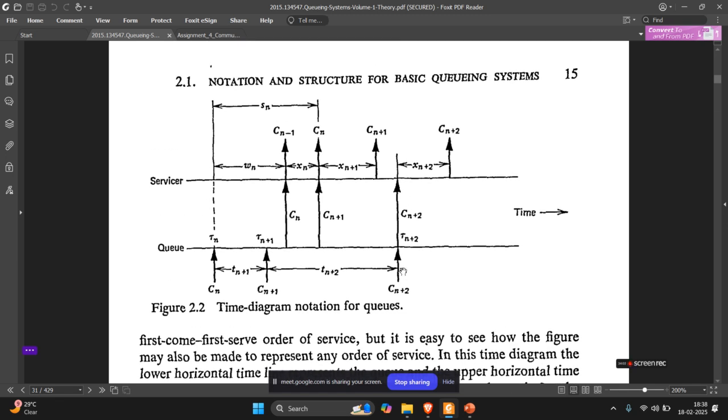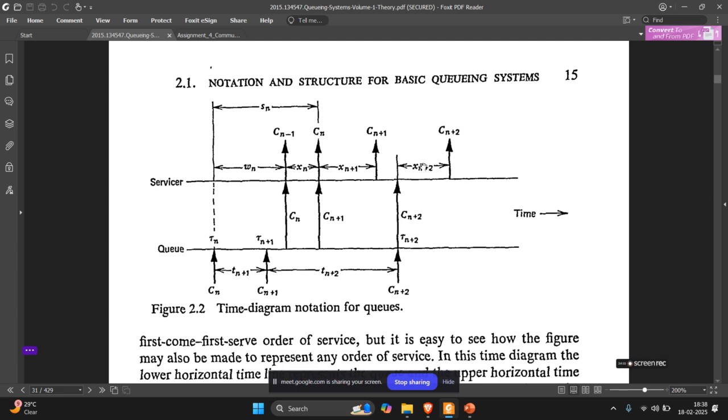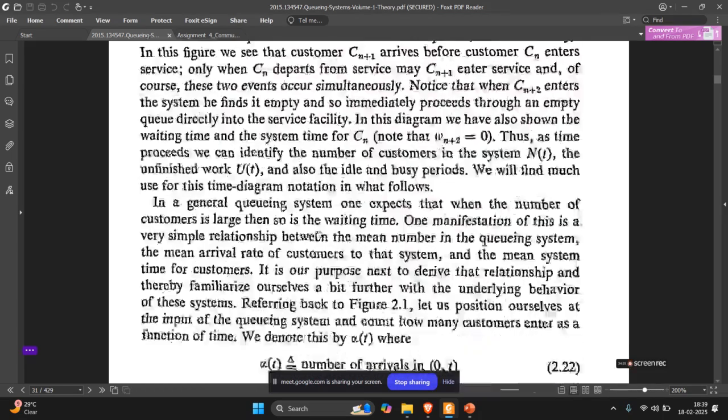So here Wn plus 2 is 0, the waiting time is 0, and then it will get serviced for a time Xn plus 2 and finally exit the system. All these Xn's, the service times, and all the Tn's, the inter-arrival times, are different, but they are exponentially distributed. They are random, but exponentially distributed.